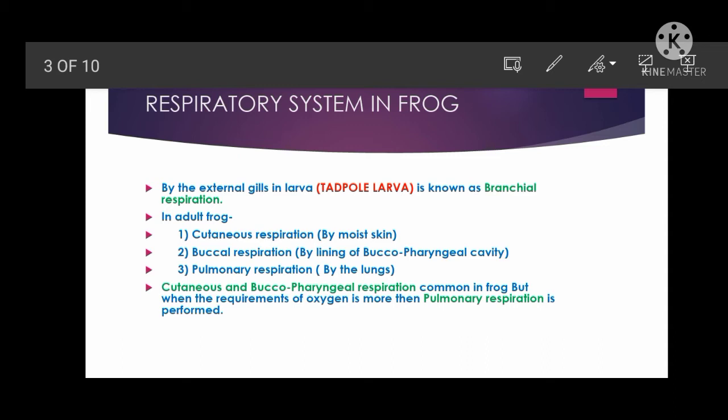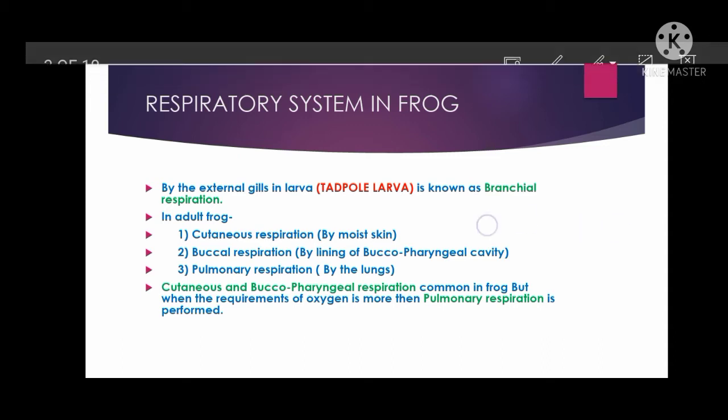And when there is a deficiency of oxygen in the body of the frog, then they require more oxygen, and they perform pulmonary respiration.